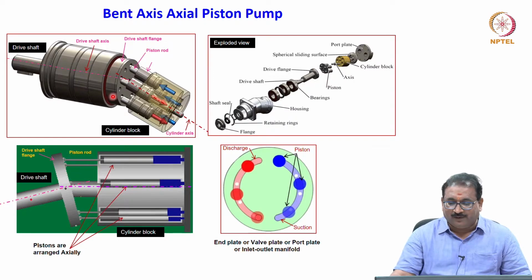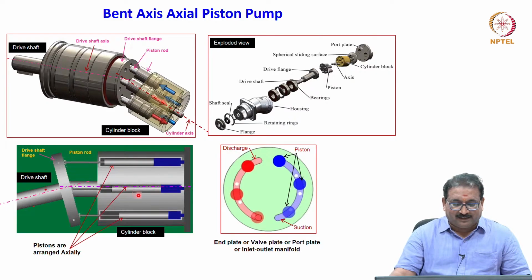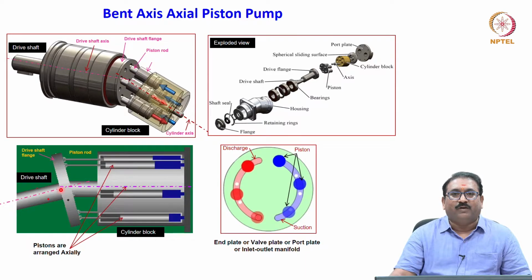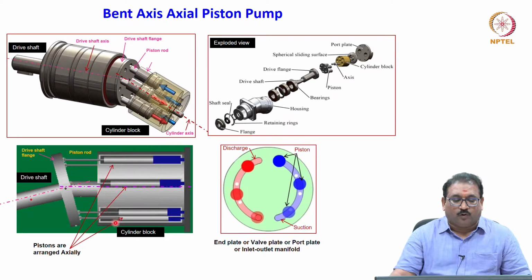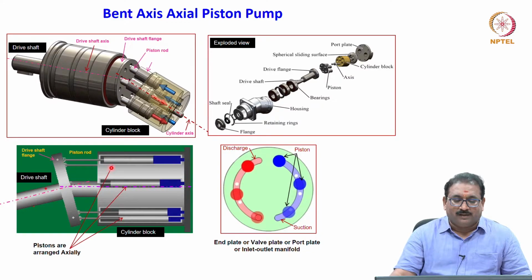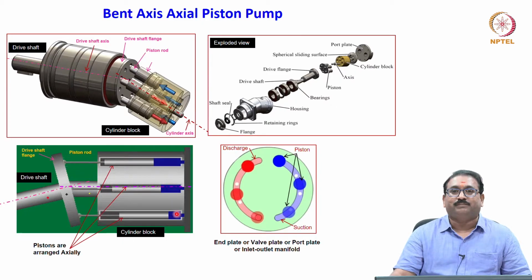What is that? I will tell you in the next slide. Please understand here, friends, when there is an inclination, the cylinder block is also rotating along with the drive shaft.